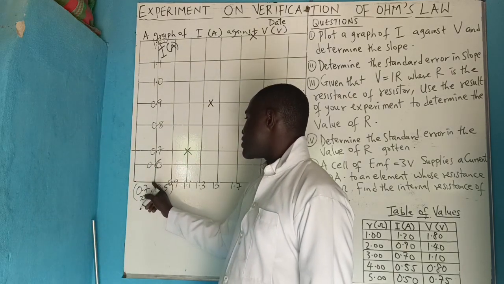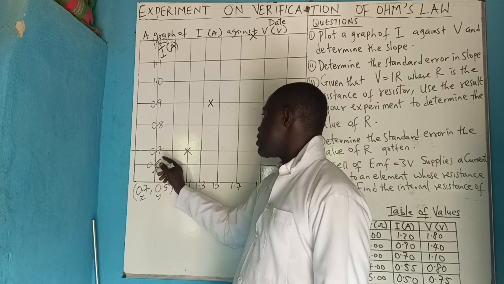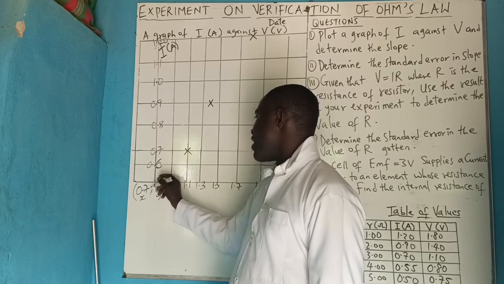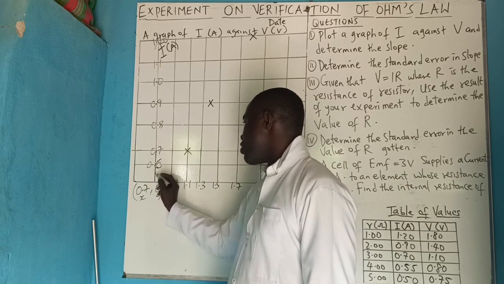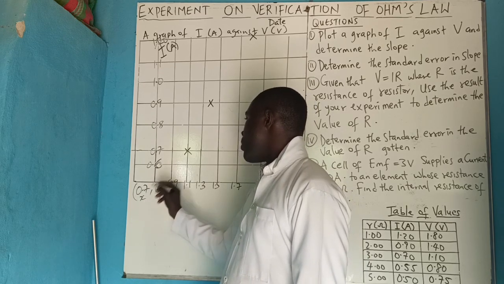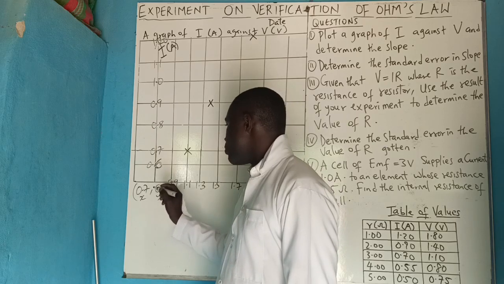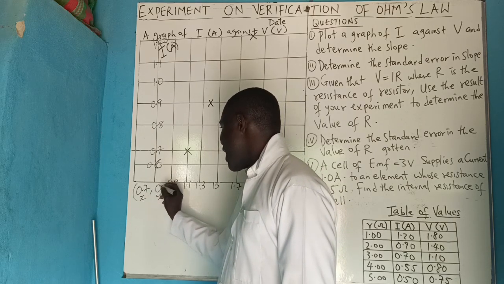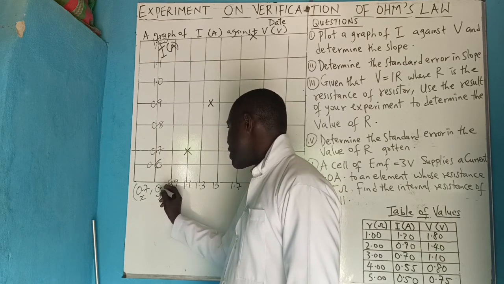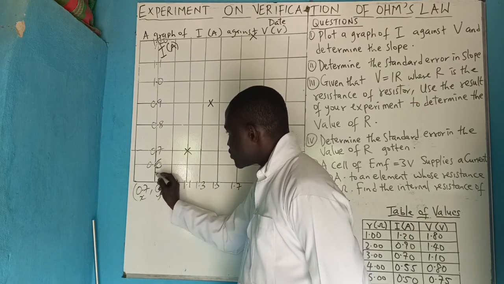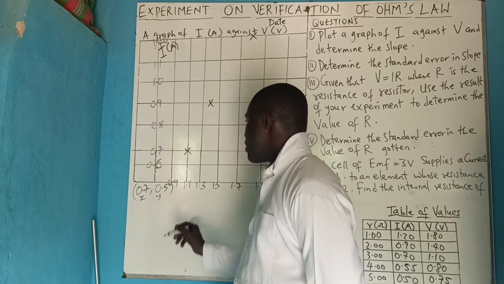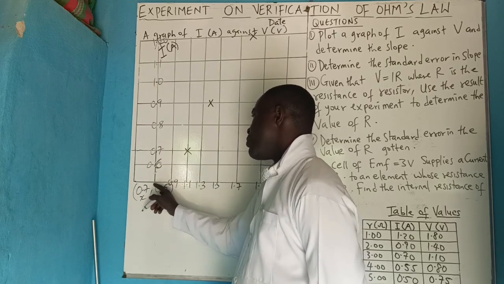Here is 0.7, 0.8, and here is 0.55 in between. In between here and 0.5, you have 0.55. So 0.8 should be this 0.5 half. This is 0.5, so 0.55 should be somewhere here. Then this 0.9, 0.8 should be here.